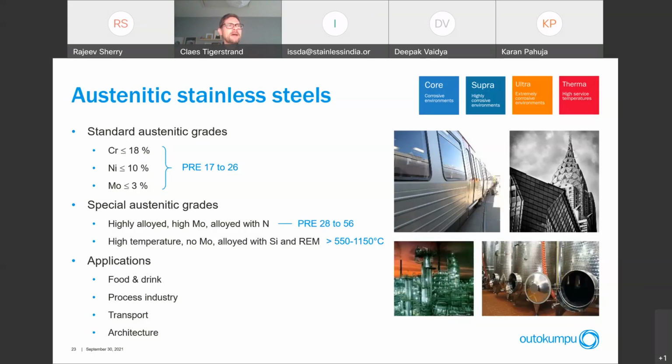Then they have the special one for high temperature. There you don't want any molybdenum, but it's preferable to alloy with silicon and rare earth metals like cerium.